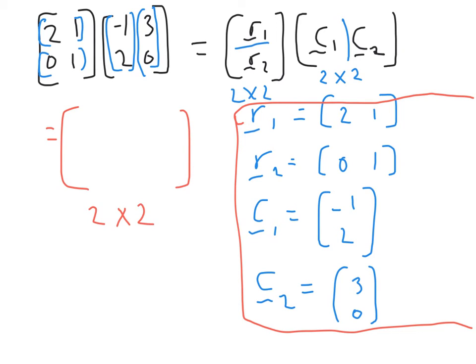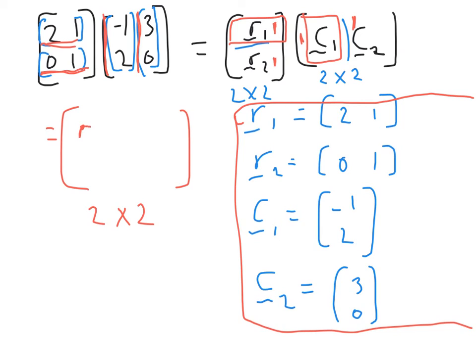So instead of doing my row by column, row by column, row by column, and row by column, we now have our partitioned matrices, but we can still do the same operations. So our first operation for our first element is going to be the first row, which happens to be our R1 vector, and our first column, which happens to be our first column vector.